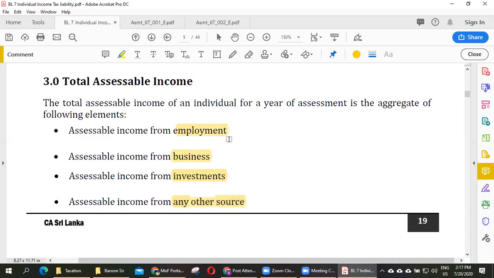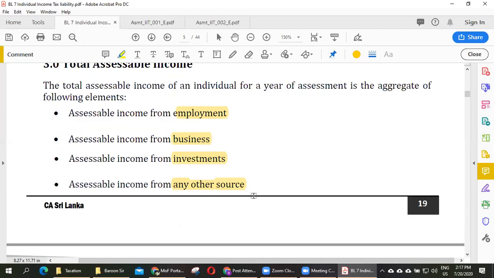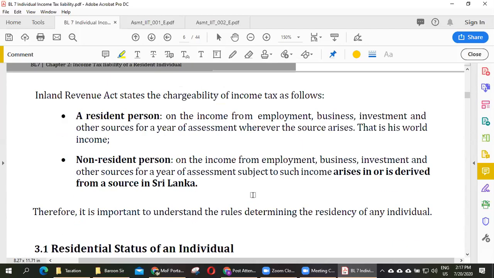Mainly there are employment, business, investment, and other. According to the previous act, there were more than 13 categories. According to the new act, it's limited to three, four categories.